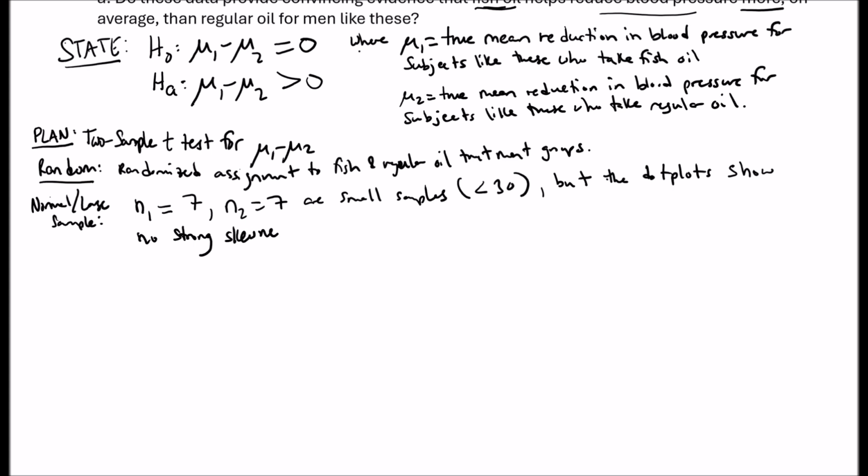If this were an actual question, they're going to have you pass it so you can do the test, right? They just want you to identify no strong skewness or outliers. So let's go ahead and do this. We're going to do the fish oil, and then we're going to do the regular oil.